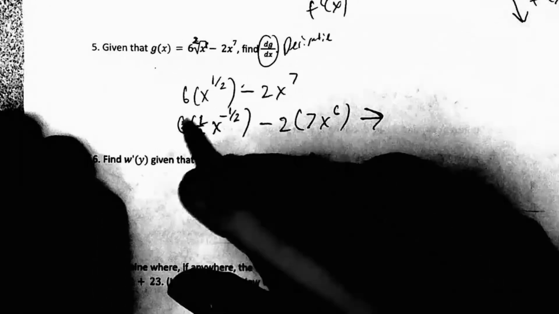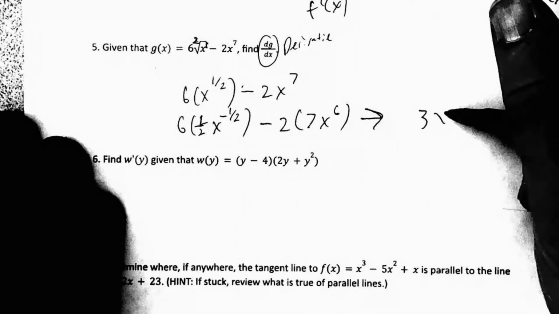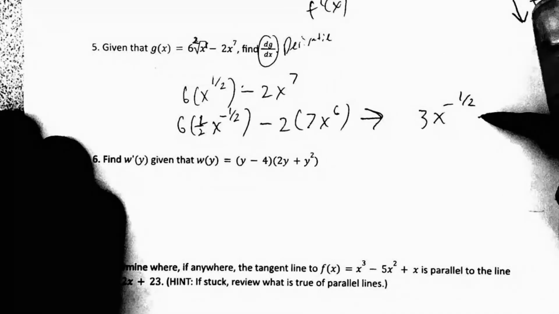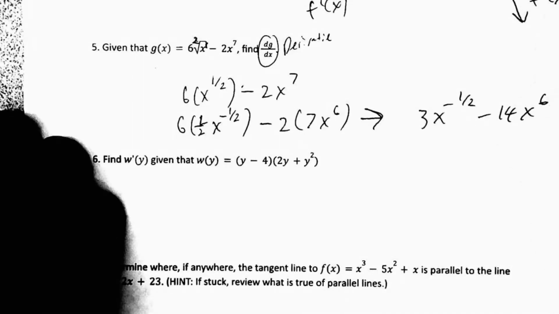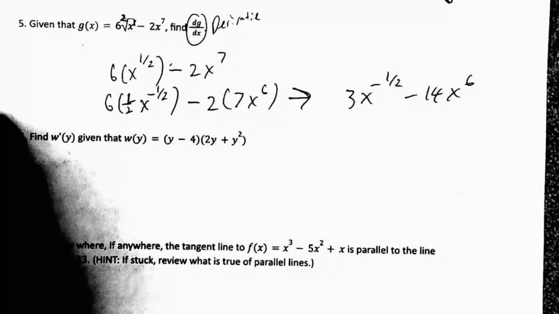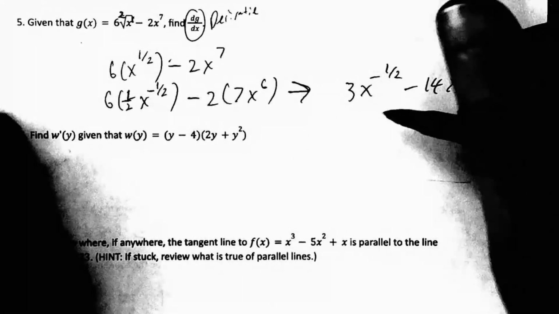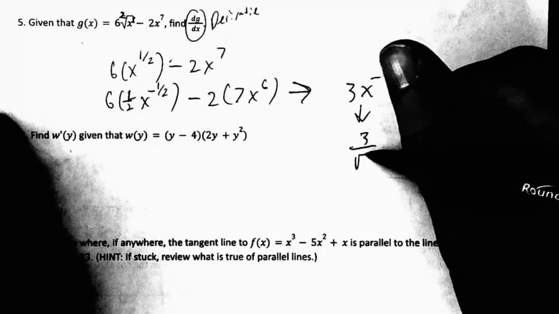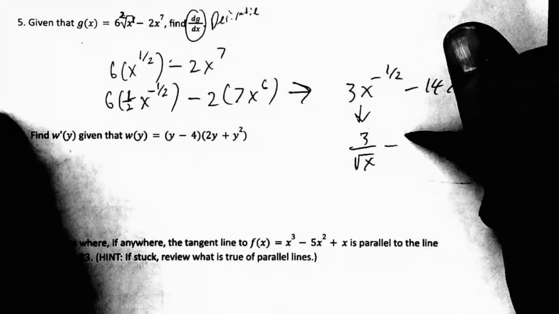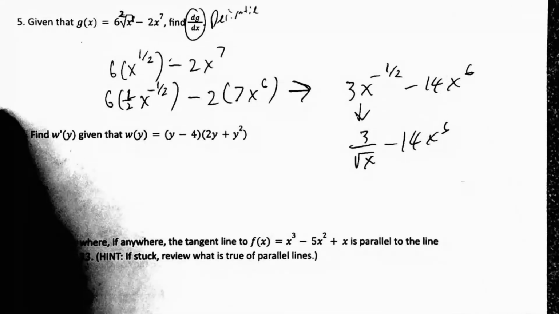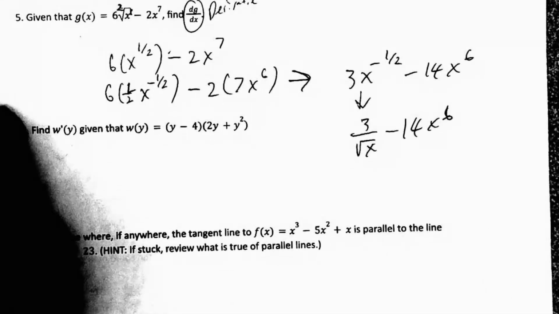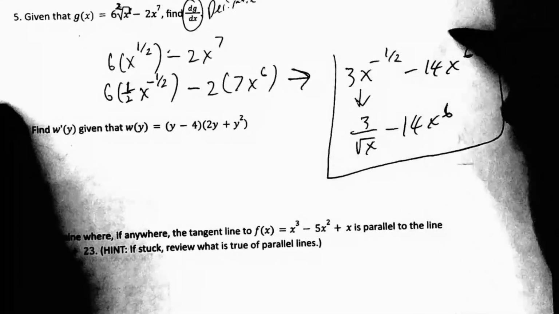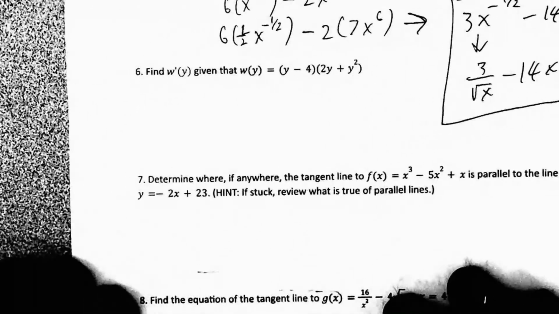This simplifies to 6 times 1/2 is 3x to the negative 1/2 minus 14x to the 6th. And this is fine. I accept this, but if you want it more simplified, this would become 3 over the square root of x minus 14x to the 6th. Okay. So either of these are fine.